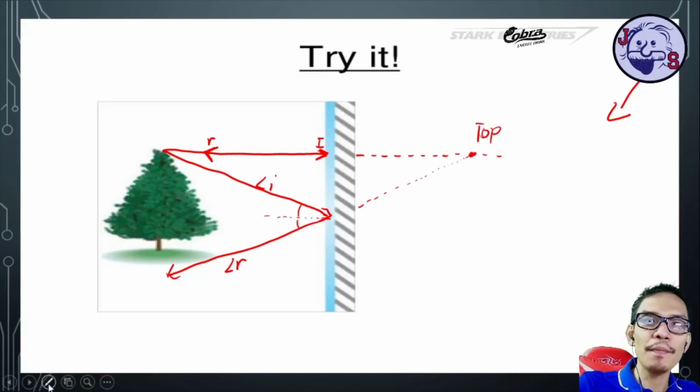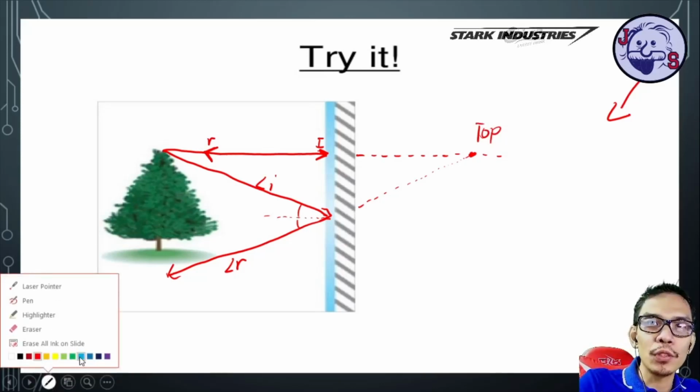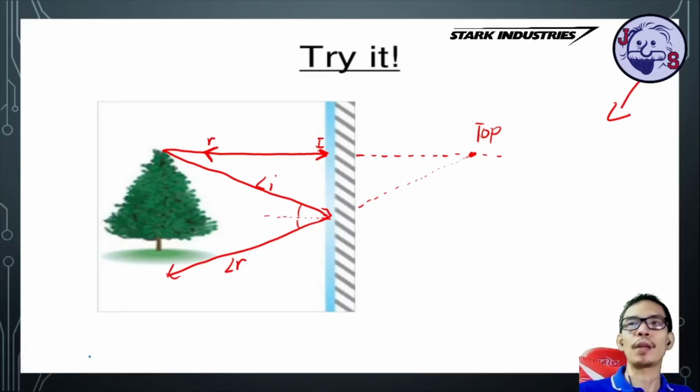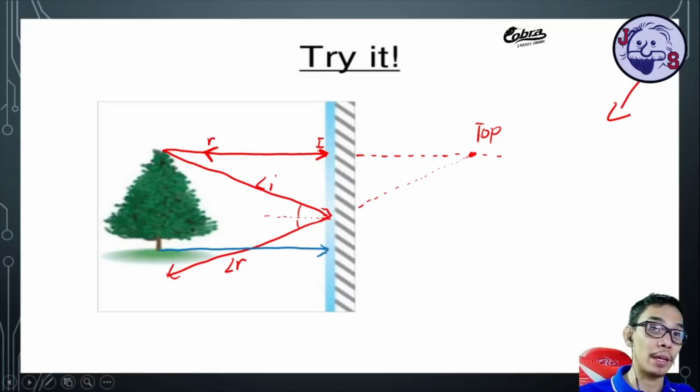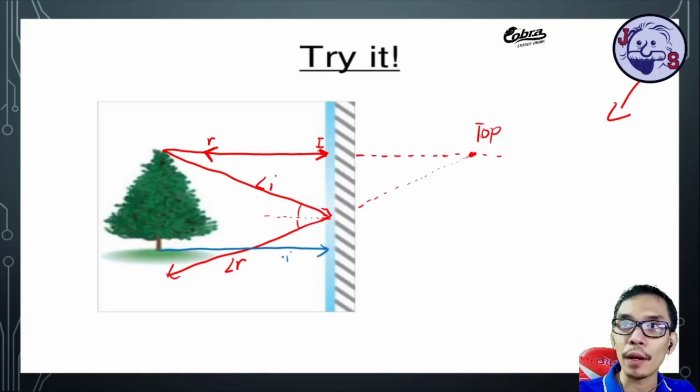Now I change color to blue. Now again, for the bottom part of the object, I can use the same thing. I can draw a line there that indicates the incident ray, and I can put an arrowhead that indicates the reflected ray.